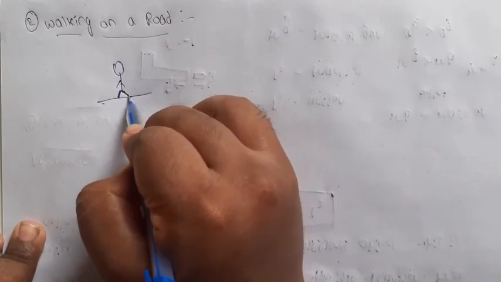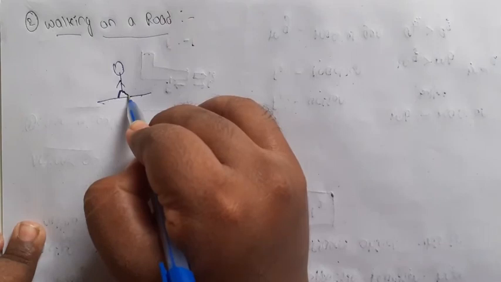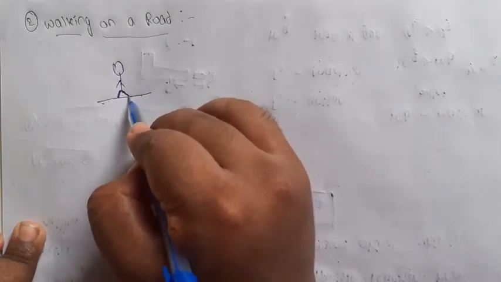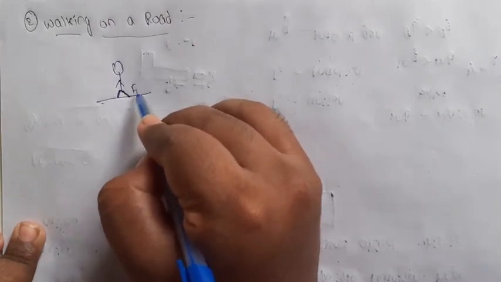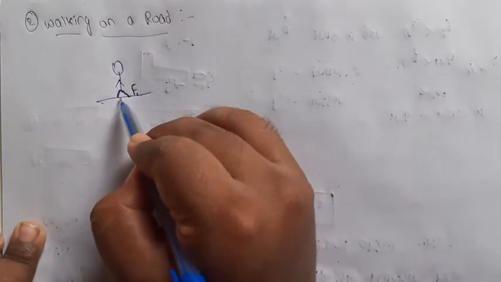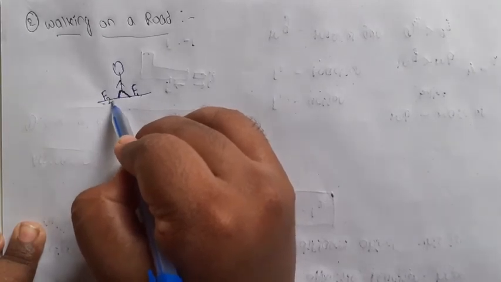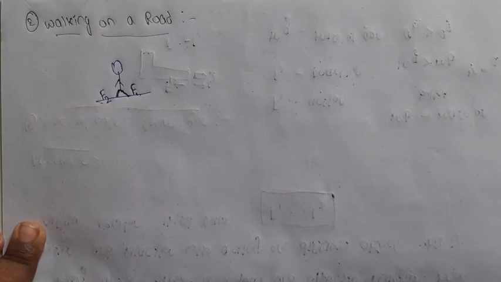Suppose I am taking this leg. When you walk on the ground, first of all you apply the force on the ground, first with this leg, that is force F1. Due to this force, the second leg will move forward with the help of force F2.